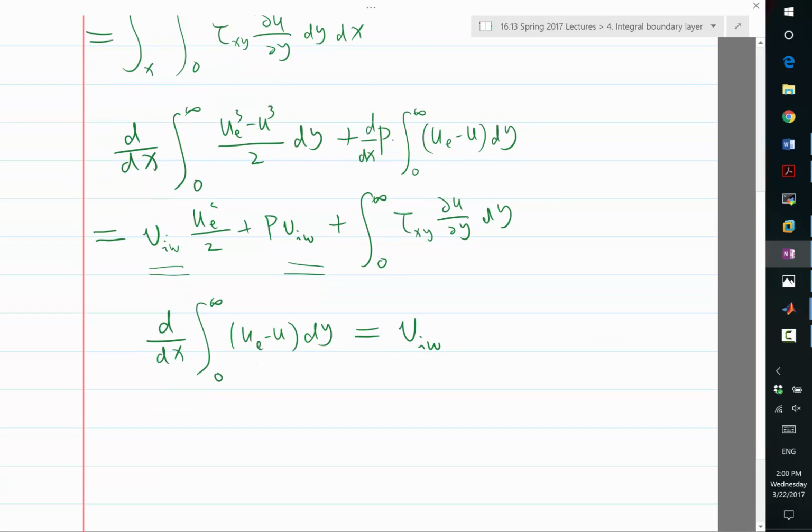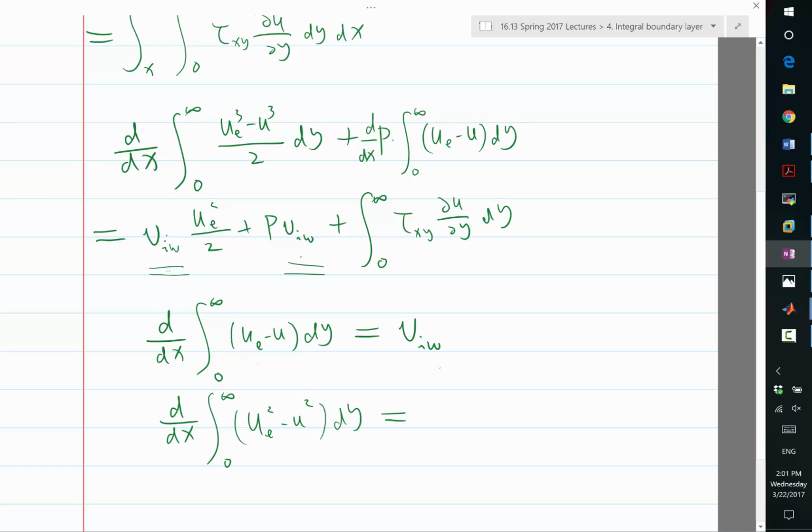Okay, so if we replace this particular VIW, and we also have to replace this VIW and this VIW. The correct thing to do is to replace that with that in the momentum equation. So what's in the momentum equation is the integration of ue square minus u square dy is equal to the product of two terms.